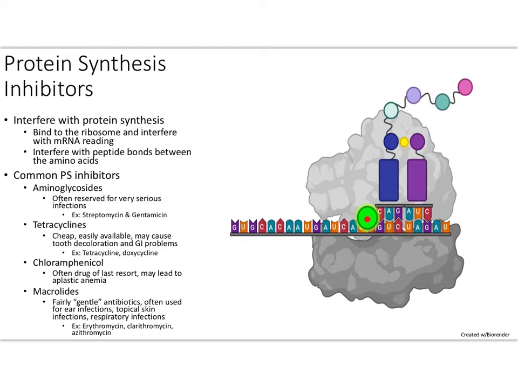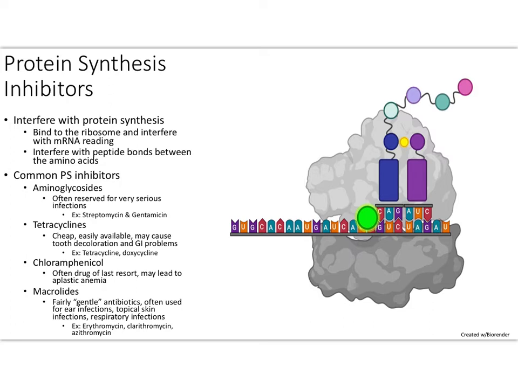The way they work just depends on which specific antibiotic in this group we're talking about. And this is another one where the antibiotic could be bactericidal or bacteriostatic, just depending on which specific type of antibiotic we're talking about.